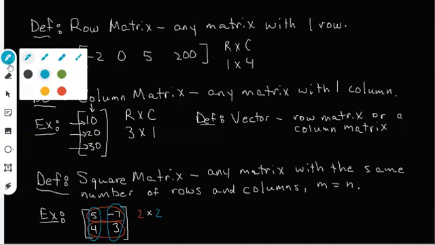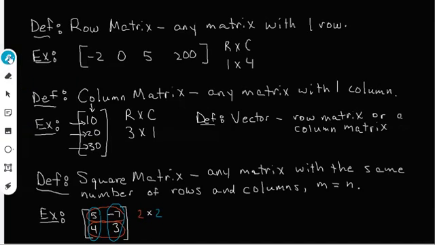Now we're going to make a 3 by 3. So here's another really good example. Let's do 1, 2, 3, 4, 5, 6, 7, 8, 9. And then close it up.